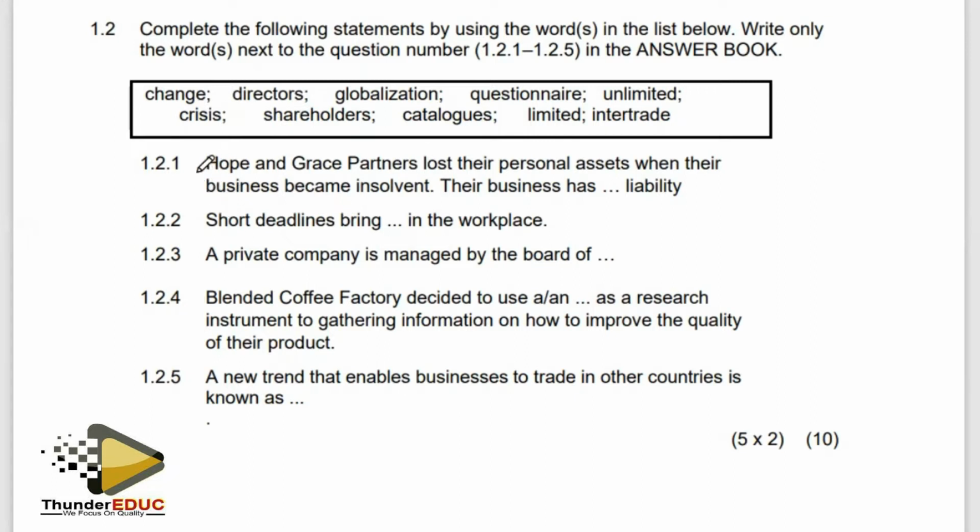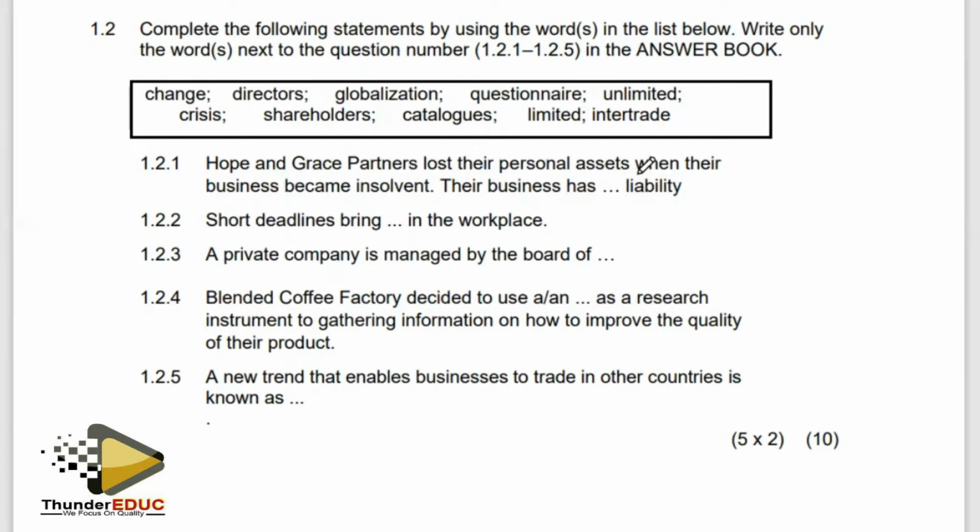For example, look at this question: Hope and Grace partners lost their personal assets when their business became insolvent. Their business has dash liability. So class, this reminds us of the characteristics of a partnership business. Of course, Hope and Grace are in a partnership. Partnership businesses have unlimited liability.